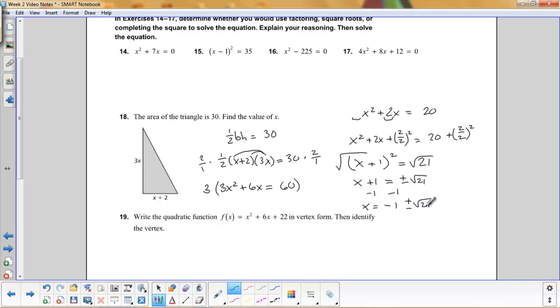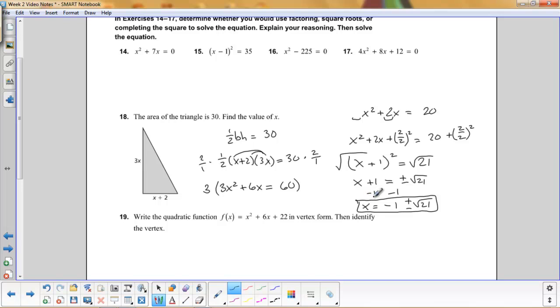Now it's got to be only one of these, so we've got to figure out which one it's going to be, because I can't have a negative number as the value of x. So if I type these into my calculator, I can find my solution that way. But the most important part here is that you're actually looking for completing the square to find your solution.